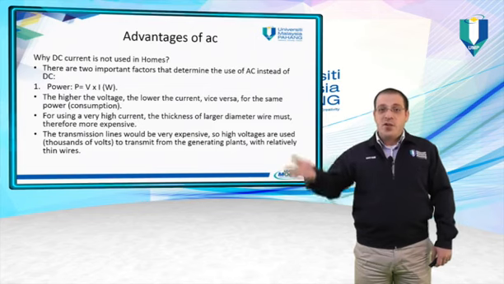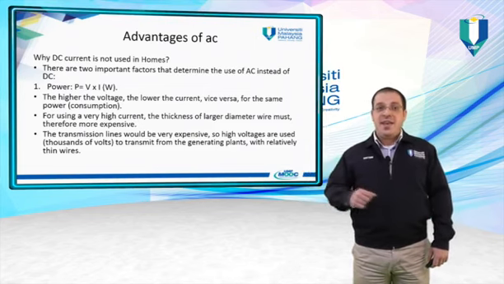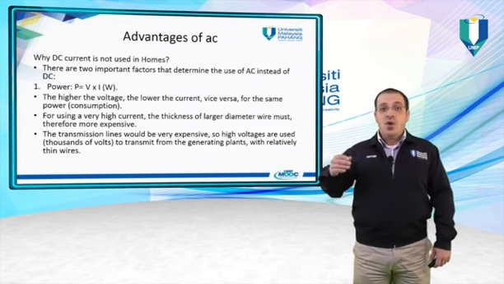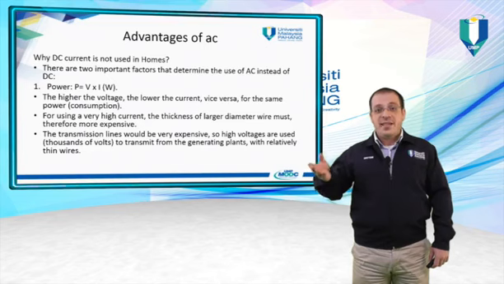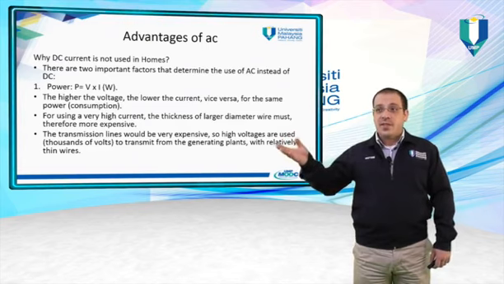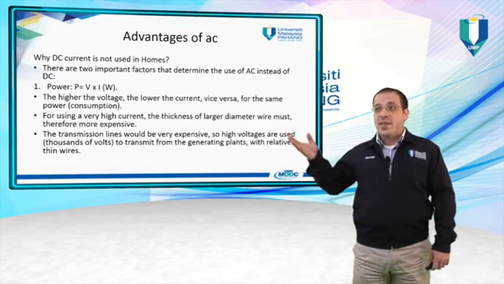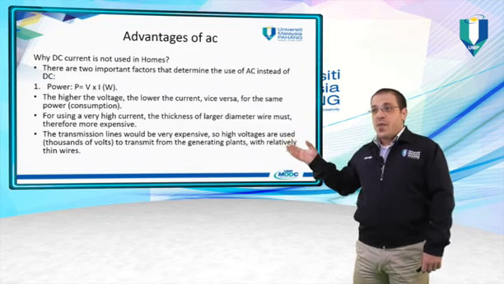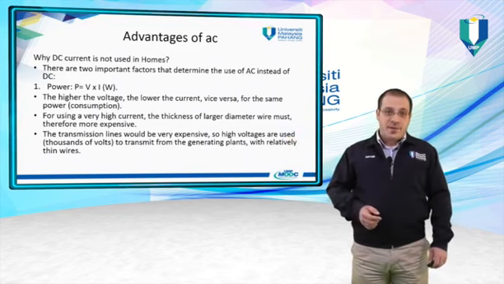Why do they make the voltage high? Because there is no need for high current to transfer the electricity, otherwise the transmission line would be very expensive. That's why high voltage is used. We use thousands of volts, usually in kilovolts, to transmit from the generating plants with relatively thin wires.